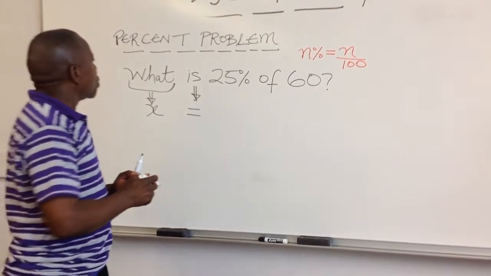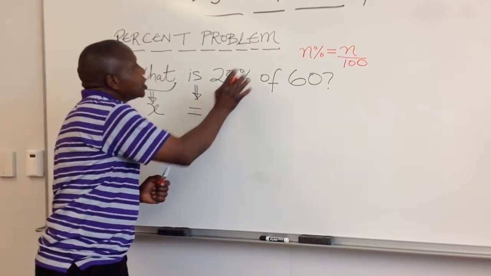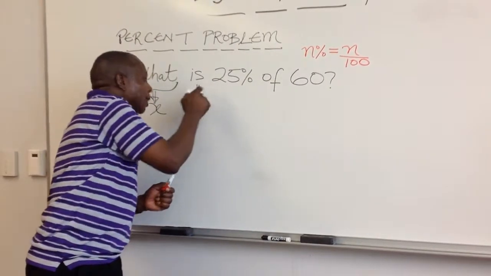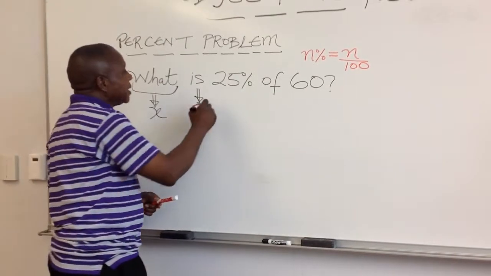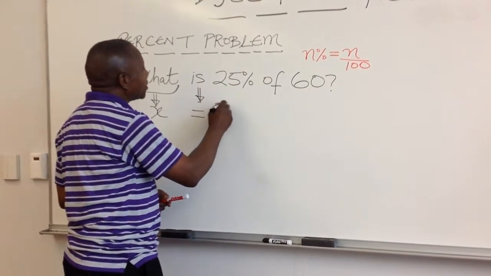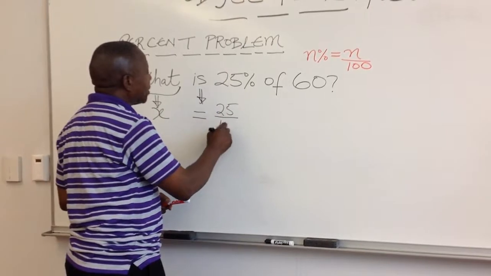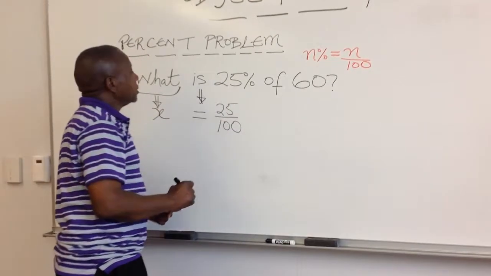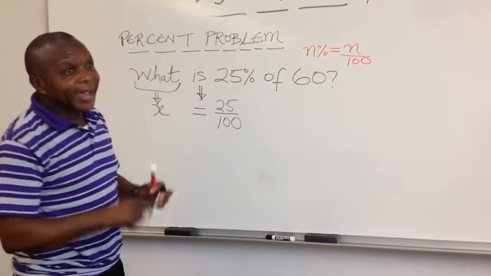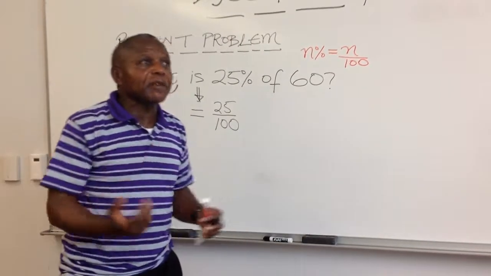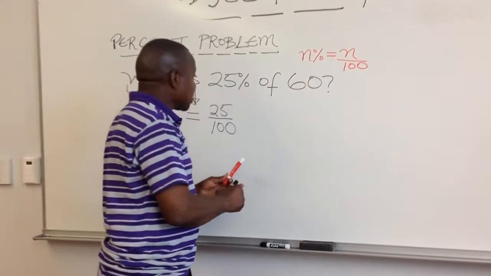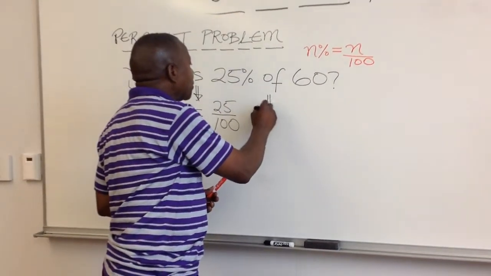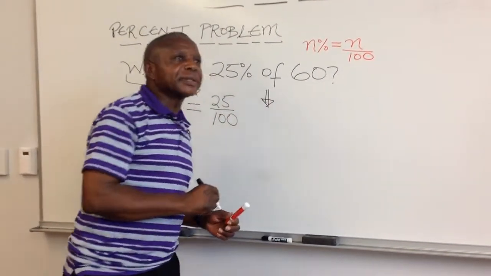Now, if we use this idea, that means we can say that 25% is what? 25 over 100. And notice, again, in word problem solving situations, the word of represents something we all know about.